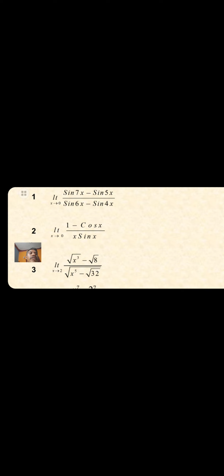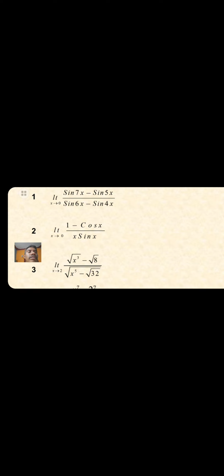It is mistakenly extended, so cut it. As in the numerator it is for x cube, in the same way in the denominator it is up to x power 5, minus under root 32.